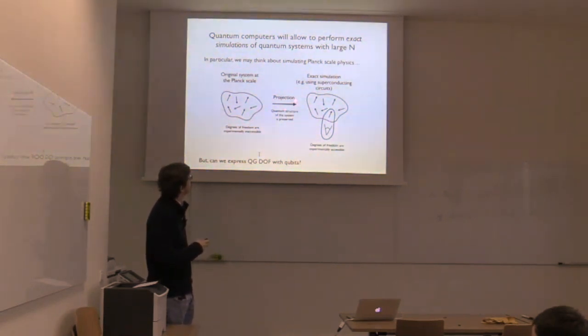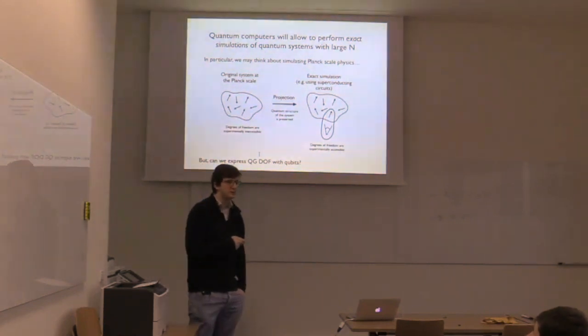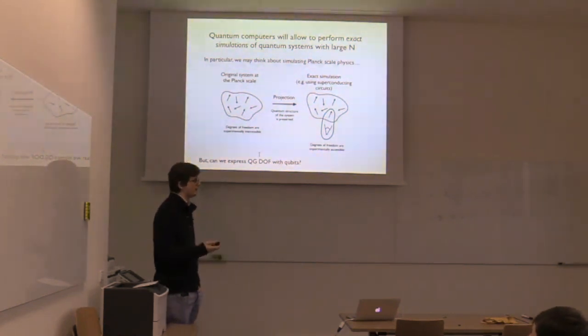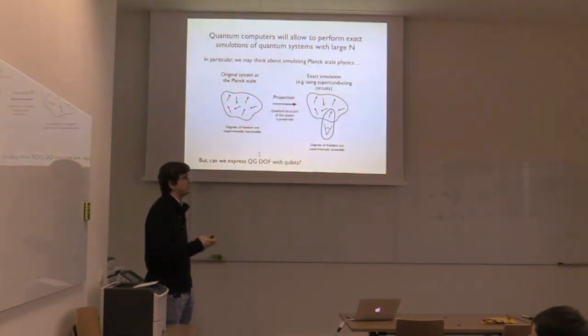But on the other side, if you already have some mathematics which describes your quantum gravitational degrees of freedom, you have a given theory that you build under some assumptions, like for instance loop quantum gravity or causal dynamical triangulations, you can map the degrees of freedom of this theory into the degrees of freedom of, let's say, your quantum processor.